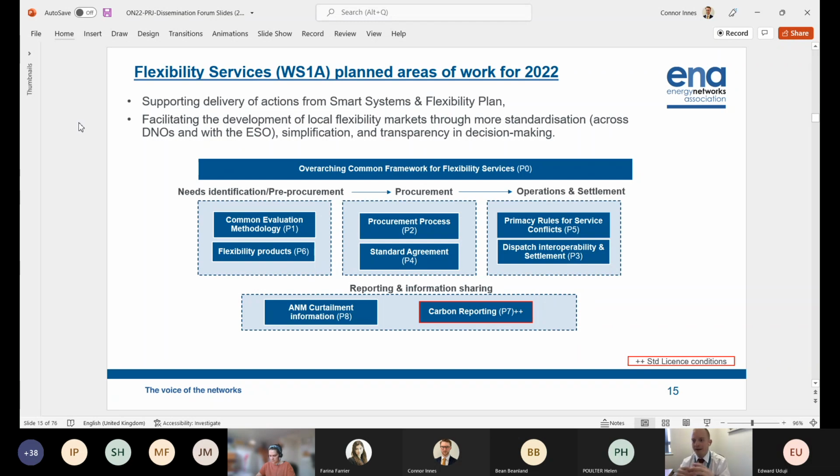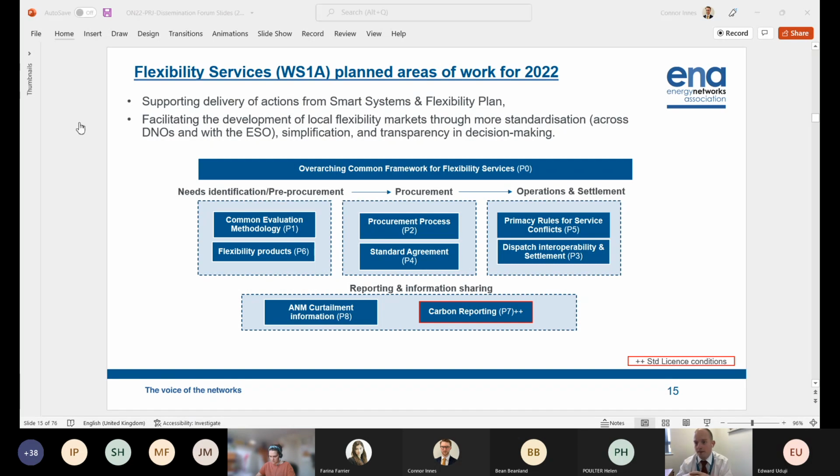So the second pillar is about the procurement processes, and P2 is about the standardization of procurement processes. Previous work within Open Networks has ensured that we all understand what we mean by procurement processes, and that has fed into some of the license conditions that are now requirements for network operators to provide a breakdown of their procurement processes.